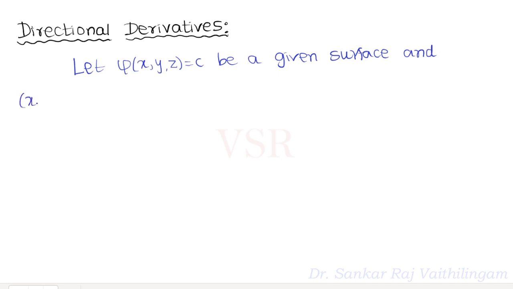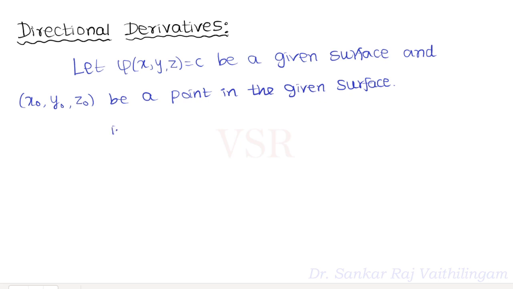Because this is x0, y0 and z0, be a point in the given surface. Appadinna enna artham? That is, phi of x0 comma y0 comma z0 satisfies this condition. The equation is satisfied.